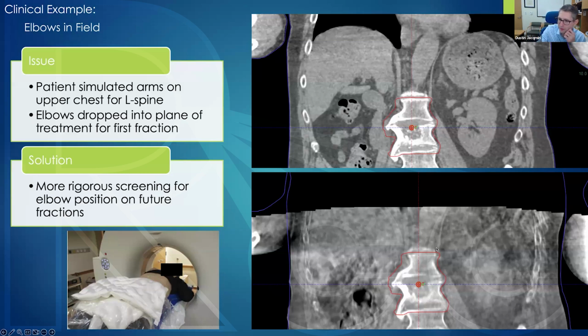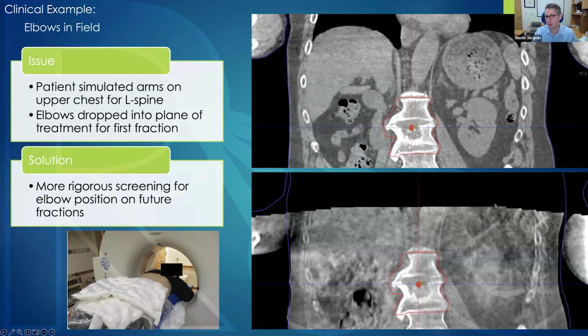Then when we scanned the patient for treatment, the patient's elbows had dropped down to the level of the treatment field. They had used some pretty wide oblique angles coming from behind, such that they were getting pretty close to the elbows. So we had to adjust the patient's position and get the elbows up and out of the way. Of course, we learned from this, and we added notes in the patient's chart to prevent this going forward.